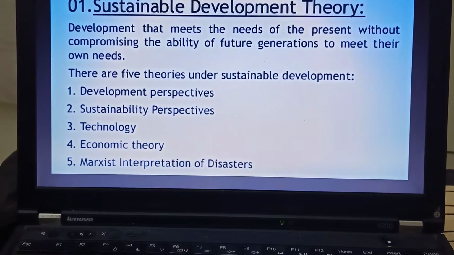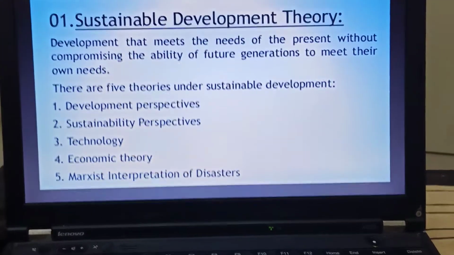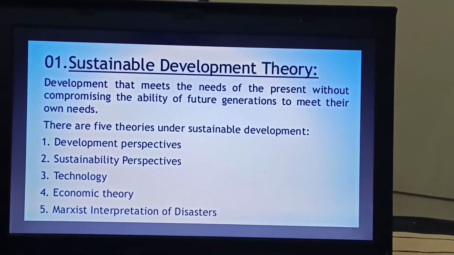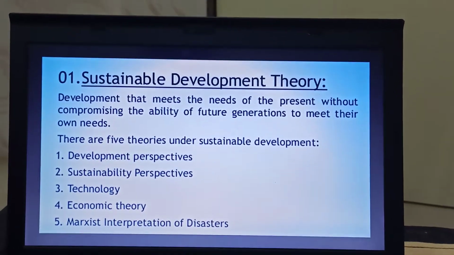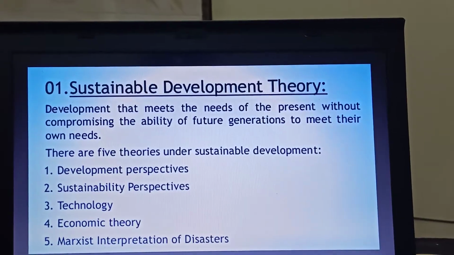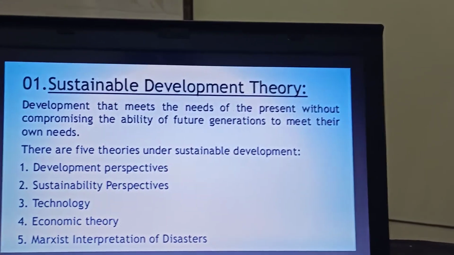Next, we talk about the sustainability perspective. As already discussed, sustainable development can only take place when all the three aspects are taken into consideration: environmental, social or cultural aspect, and the economic aspect.